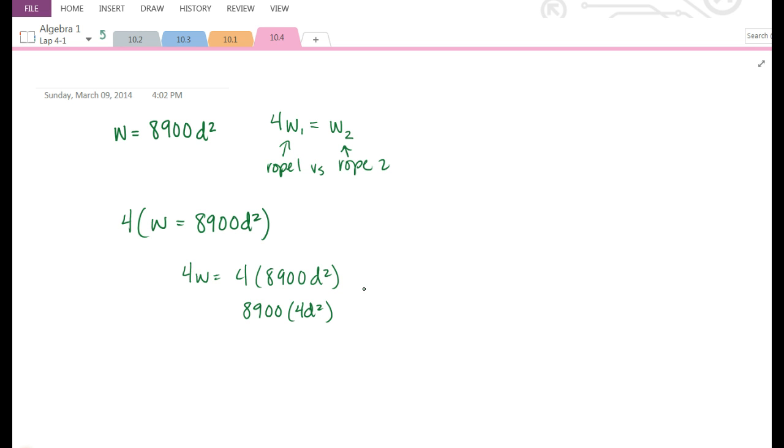If this is my new one, 8,900 times my new D, with the 4 times the breaking strength.